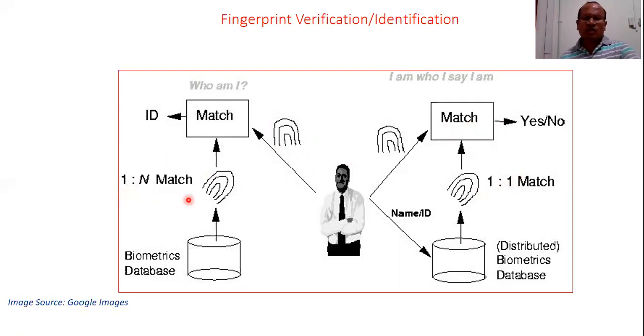In identification, you can also tell that this is our authenticated user whose name is so and so. So it has different branches, that is biometrics, verification, identification. But ultimately, there is a matching of characteristics, a matching of properties which takes place.